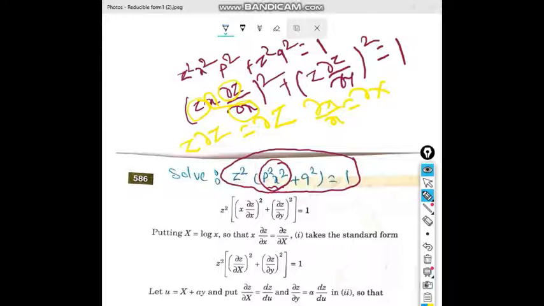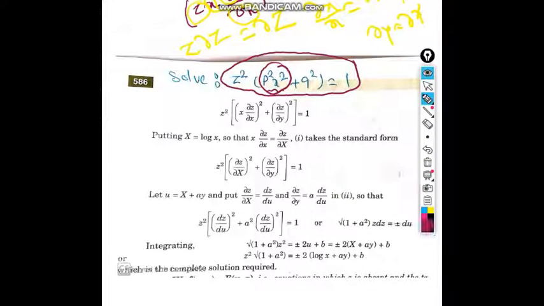Or if you want to substitute, you can put dou y is equal to dou capital Y only, meaning small y equal to capital Y. Otherwise, there is no need of substitution.